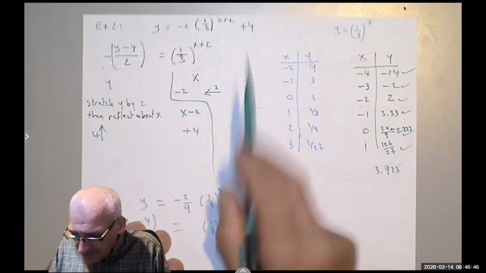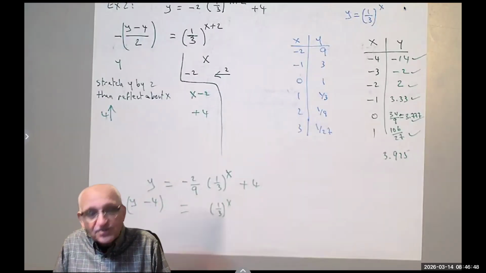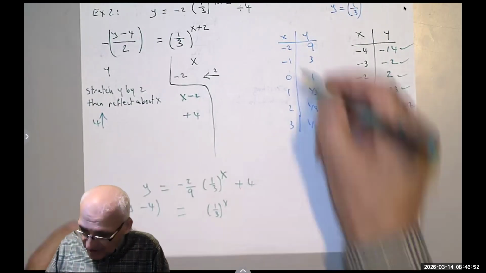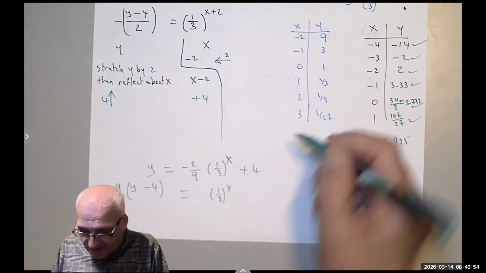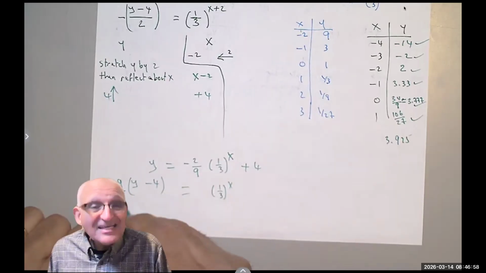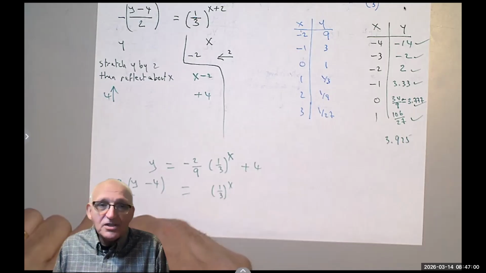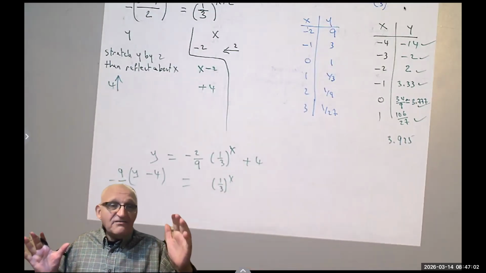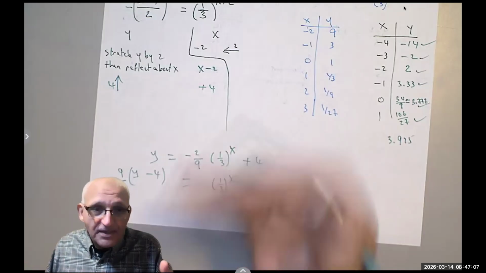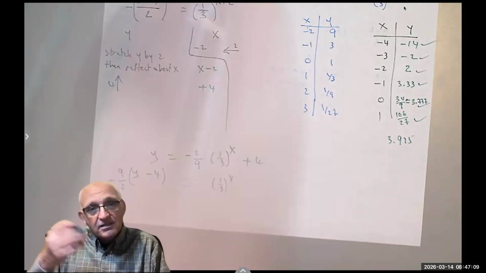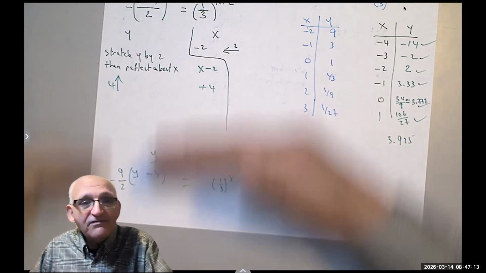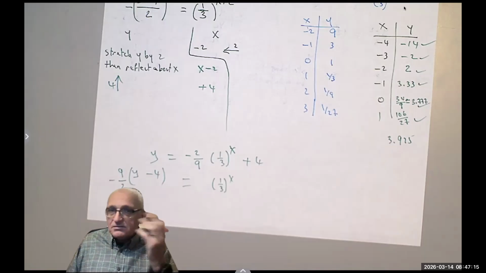No, the x has a 2. So no, I got rid of the 2. So now only the y will change. So I'm going to leave the x's as they are. For the y's, I'm going to divide by 9/2, meaning I'm going to shrink by a factor of 4.5 or multiply by 2/9 and then rotate or reflect on the x. Then I'm going to move everything up 4 units. That's it.